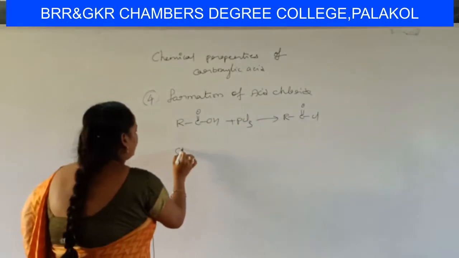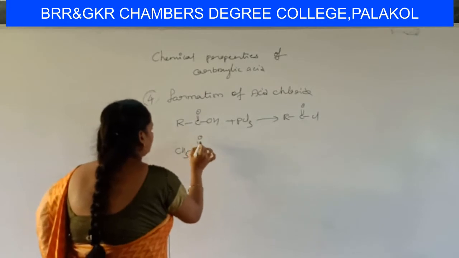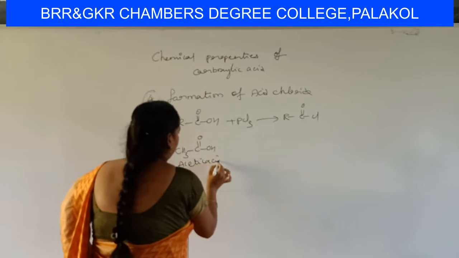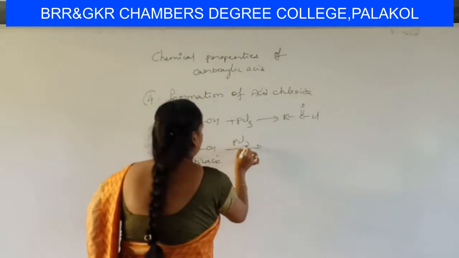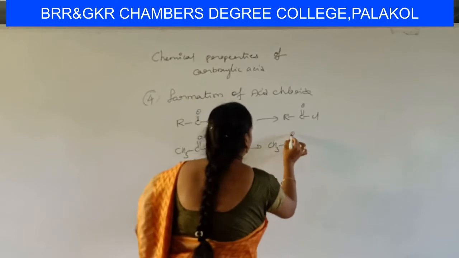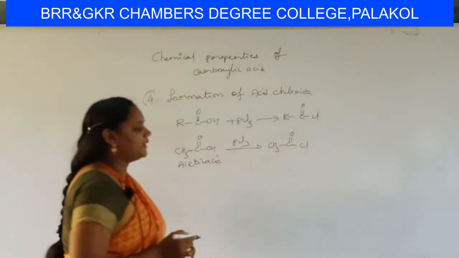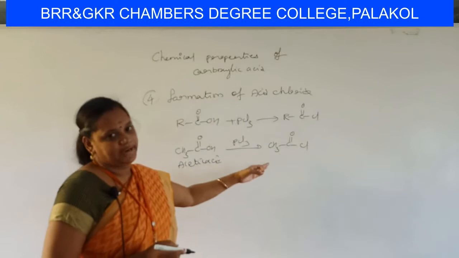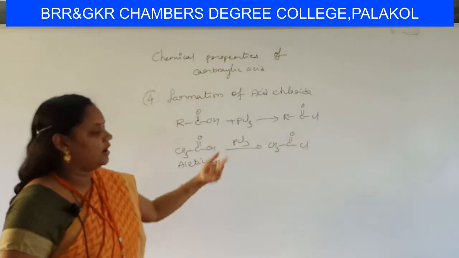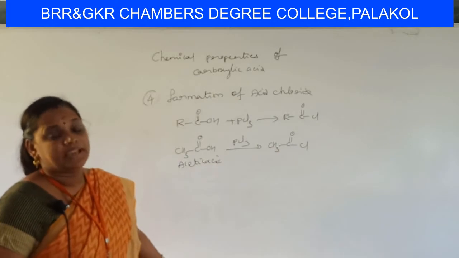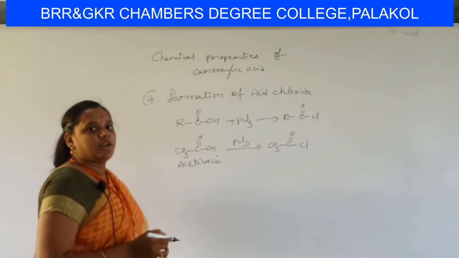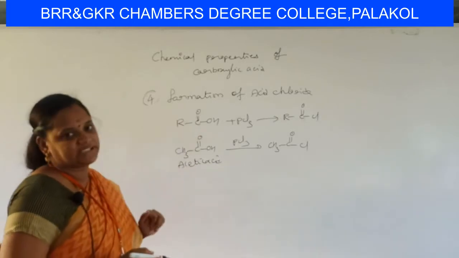For example, if you take CH3C double bond OH, acetic acid, and treat it with PCl3, it results in CH3C double bond OCl, acetyl chloride, an acid chloride. Okay students, this is about formation of acid chlorides with PCl3.